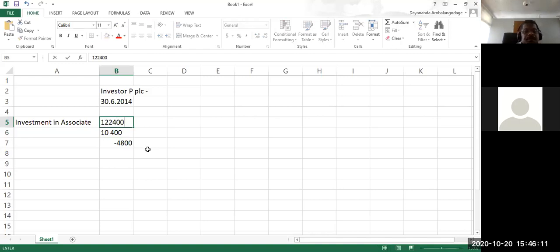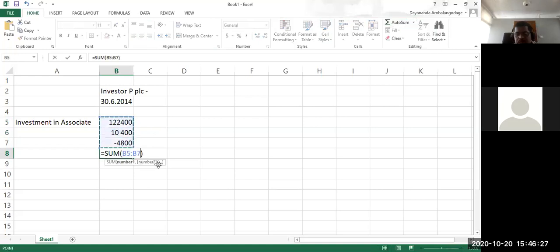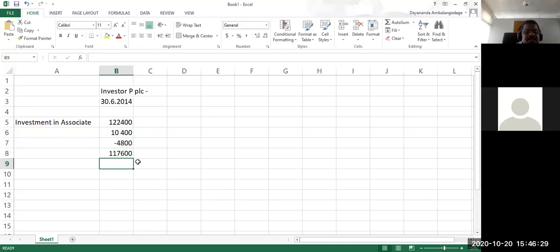So those are the figures we put from the journal entries, and the total value would be how much? The total value would be 117,600.